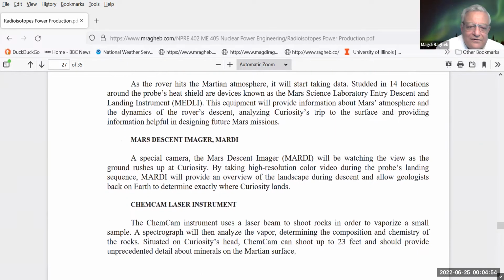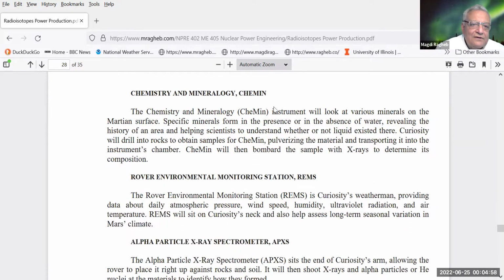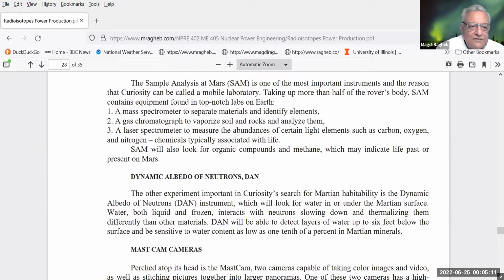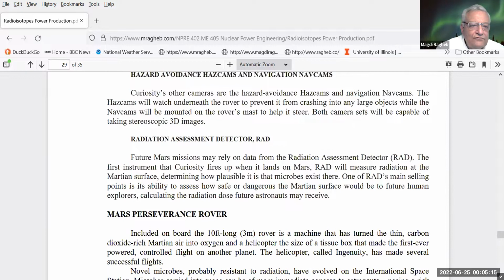They like to get acronyms for them, but all this instrumentation there is functional in the exploration of Mars. The chemistry and mineralogy, the rover environmental monitoring, REMS, the alpha particle X-ray spectrometer. You could notice that all these instruments need electricity to function, and the cameras need it, and all the information is being sent to Earth.